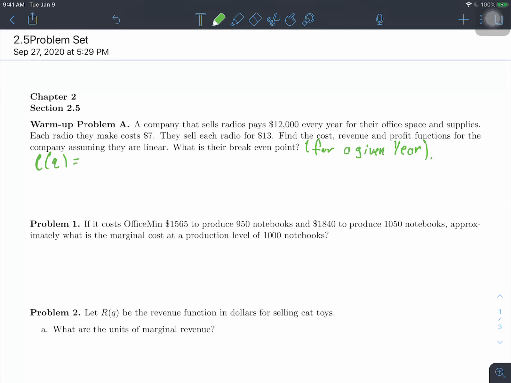The costs to the company are $12,000 that year for their office space and supplies, plus $7 for each radio that they make, meaning that if Q is the number of radios, I multiply that by 7 to get the amount of dollars I need to spend on the supplies to make the radios.